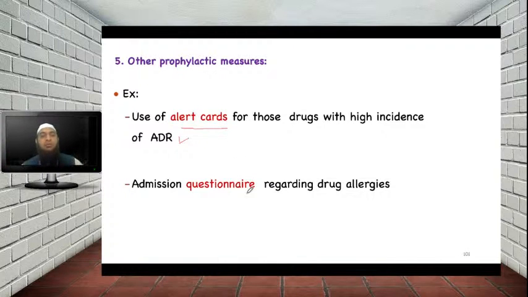Okay. So admission questionnaires: in addition to that, you can have a proper admission questionnaire regarding drug allergies. Generally this is available in the hospital. When you are doing the admission of the patient, at that time proper questions are asked and a proper history is taken, which helps to recognize any drug allergy in the patient, and that can be prevented in that particular patient.